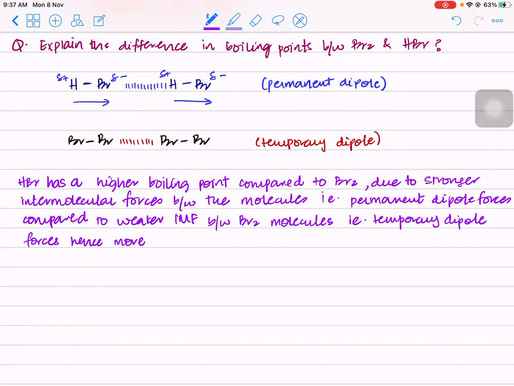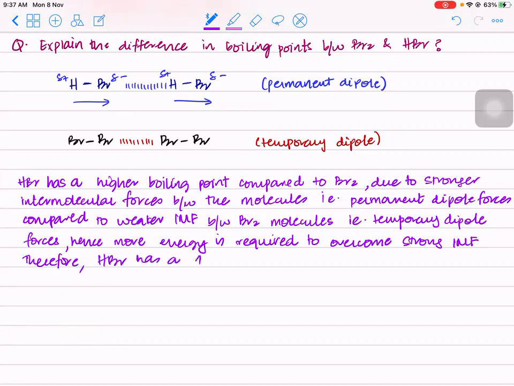That's why you have a higher melting point or boiling point. Hence, more energy is required to overcome strong intermolecular forces. Therefore, HBr has a higher boiling point.